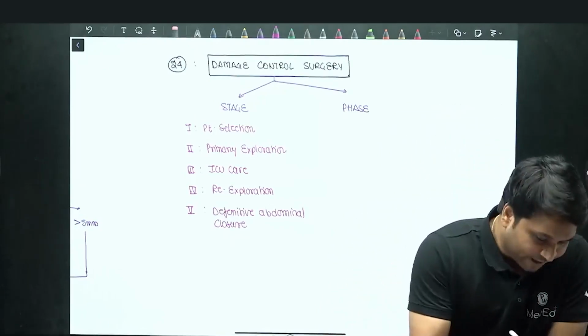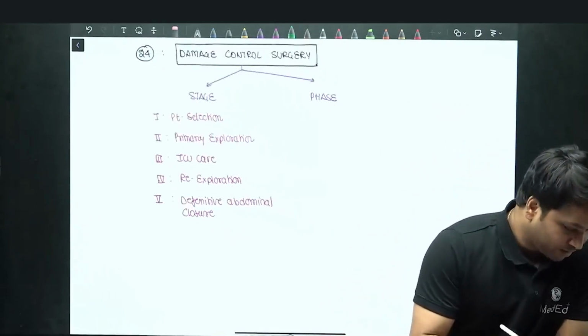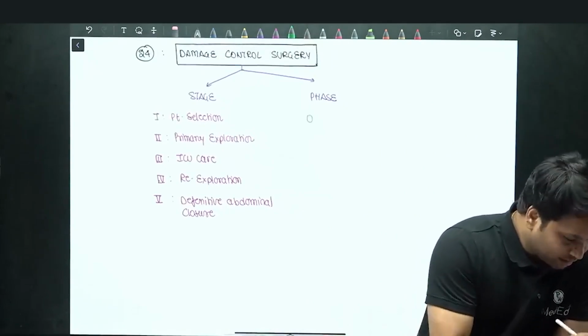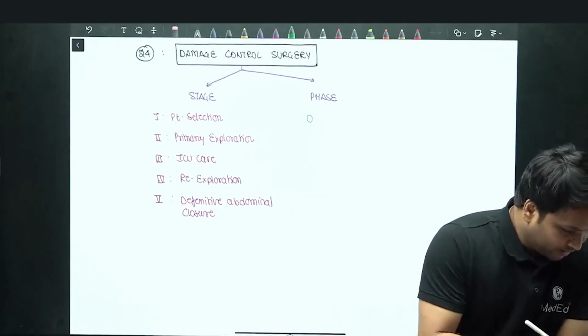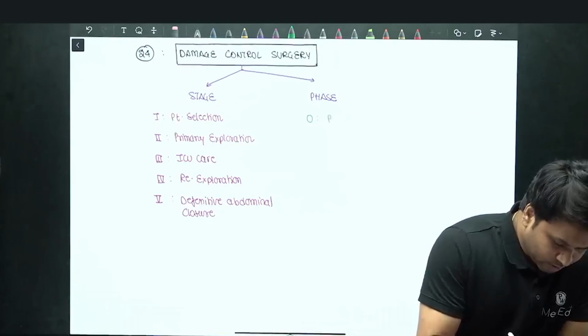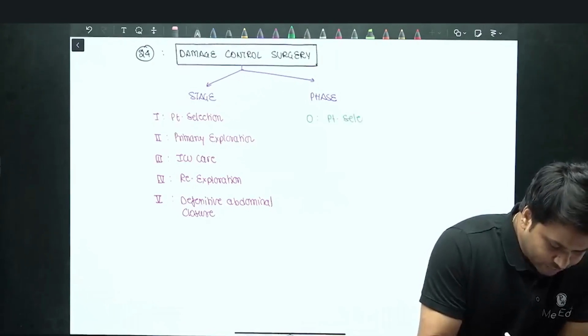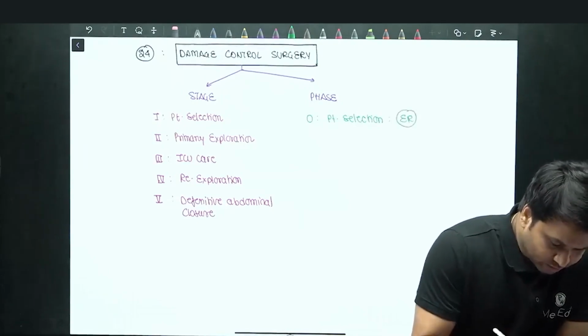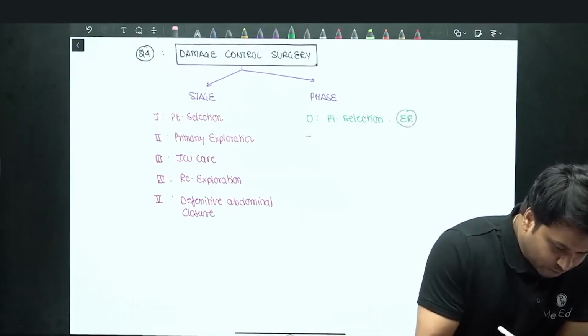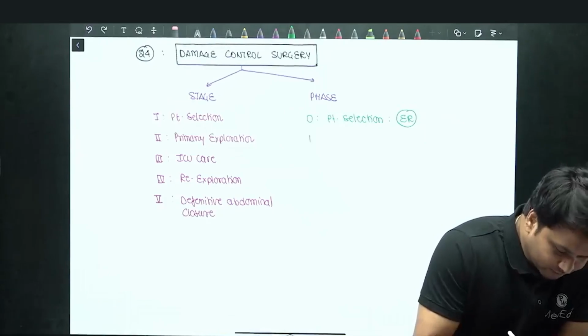So when I say what are the phases of damage control surgery, we have phase 0. In phase 0, it is what we call patient selection, which is done in ER. So we do it in the emergency room. That is phase 0. Then you have phase 1.